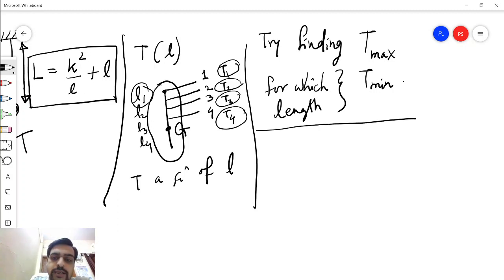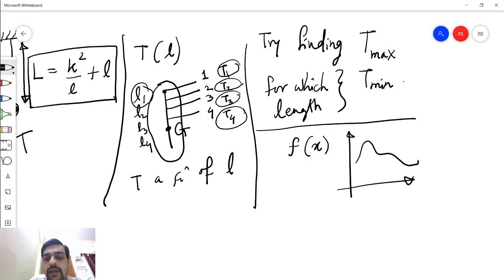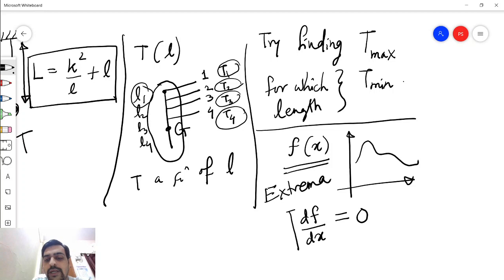When we say that f is a function of x, which is having some random shape, and we are supposed to find the extrema, what we do is we differentiate that function with respect to x and equate it to 0. So this condition gives us the value of x for which f is extreme.